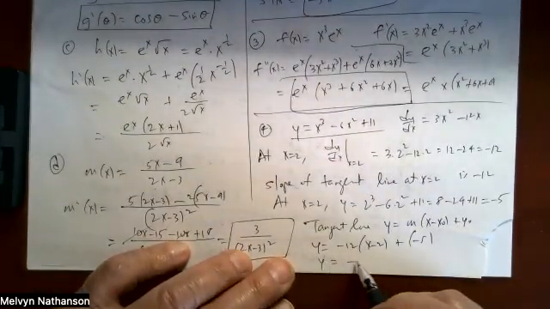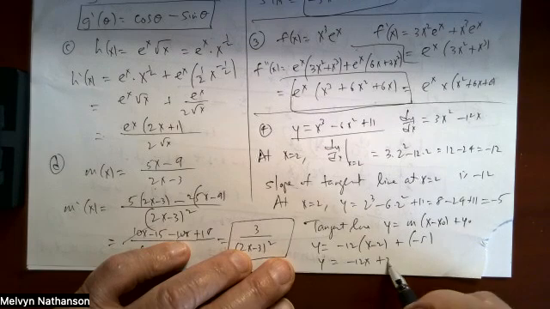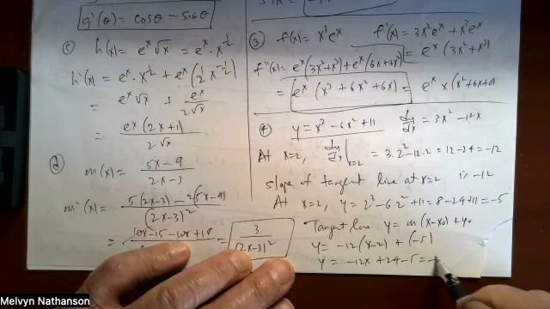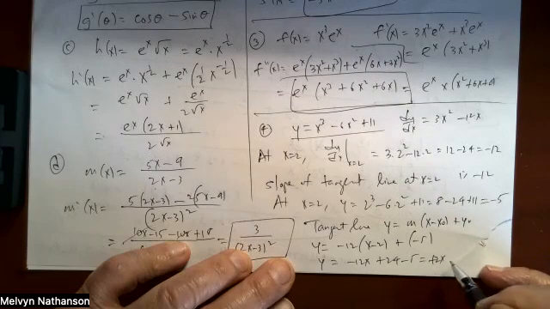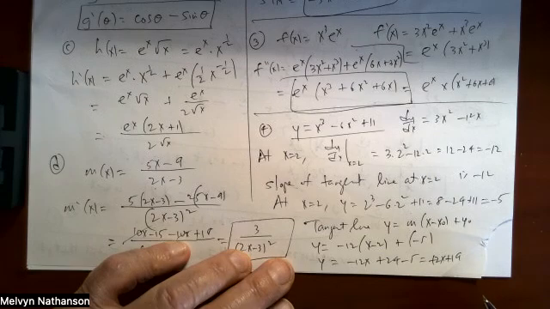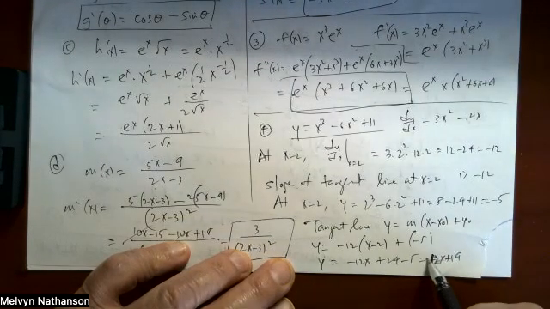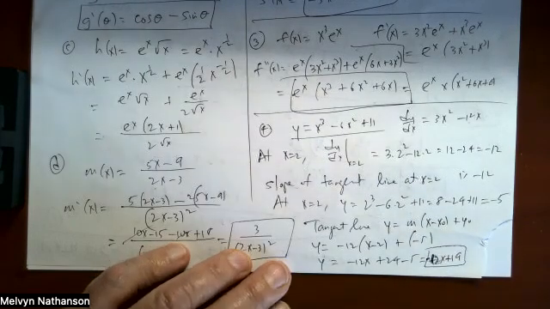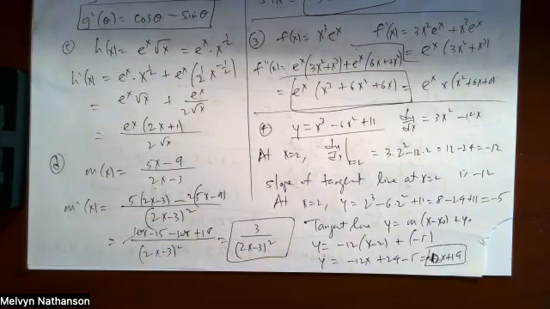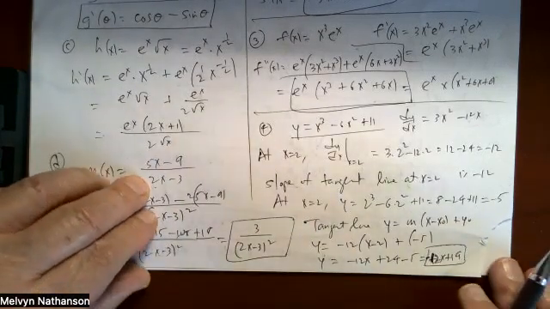So we get y equals minus 12x plus 24 minus 5, which is minus 12x plus 19. Minus 12x plus 19. Legible. Okay. That's problem number 4.